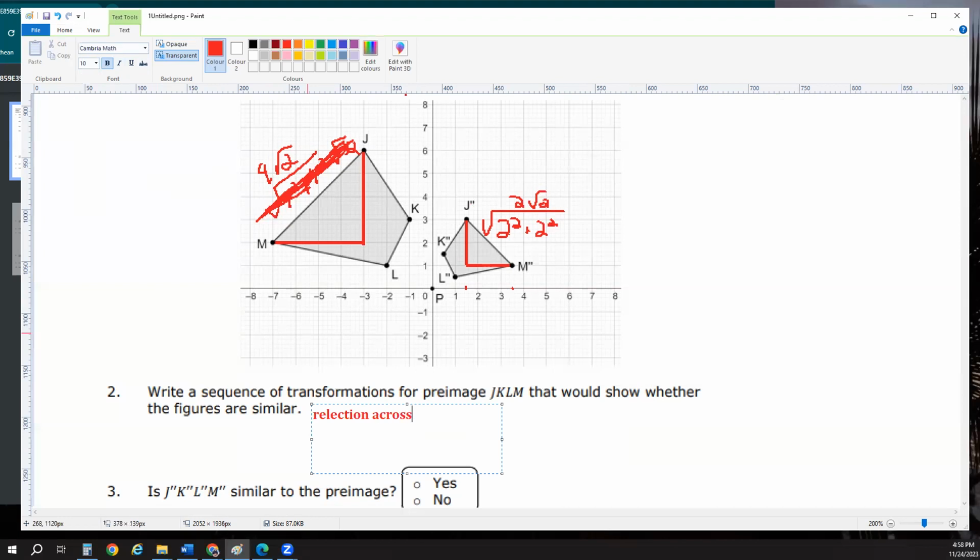Reflection across the y axis, then a dilation of scale factor k equals 1/2 about the origin, or the opposite.